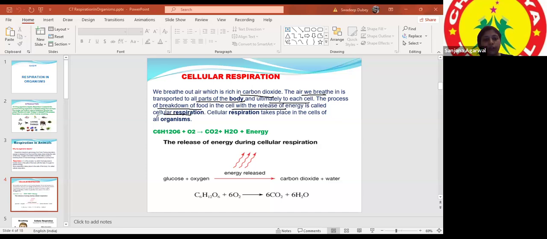Whatever food they intake, the formula is written, it is glucose. When it is combined with the oxygen that we human beings intake, then energy is released during the reaction, and as a waste product we give off carbon dioxide and water. You can write energy in the product also, or you can write it on the arrow, both are fine.